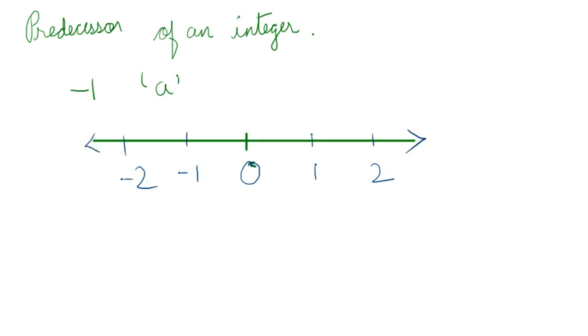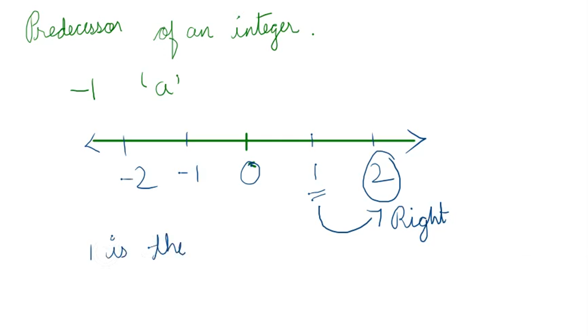So my predecessor is nothing but, on the number line, each integer is the predecessor of the integer just on the right of it. Suppose I'm considering 2. Which is there on the left hand side? 1. So for 1, 2 is on the right hand side, which means 1 is the predecessor of 2.